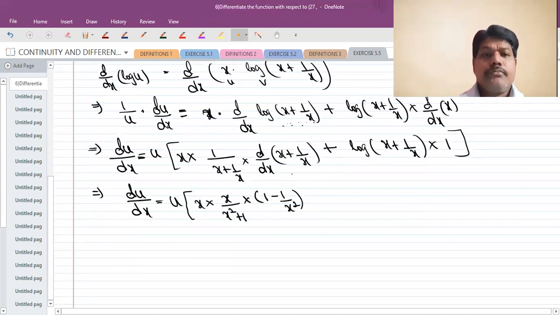So here, the x derivative is 1 plus the 1 by x derivative, which is minus 1 by x square, plus log of x plus 1 by x.